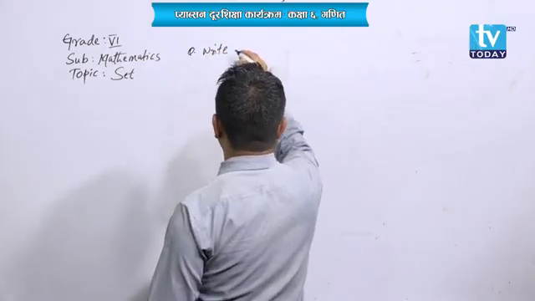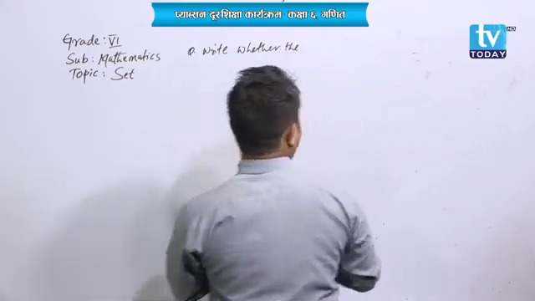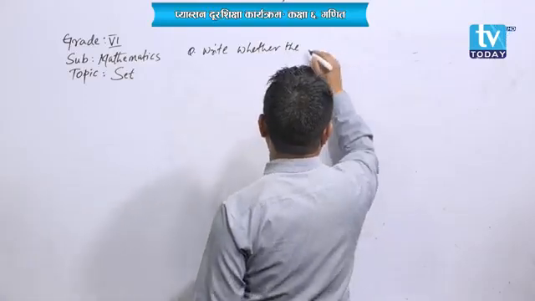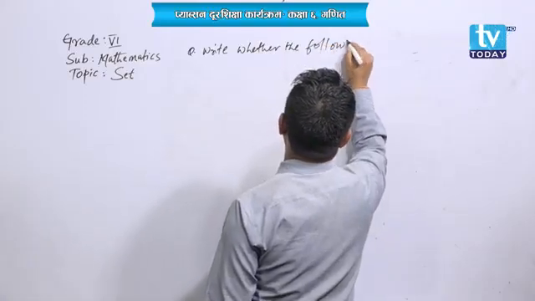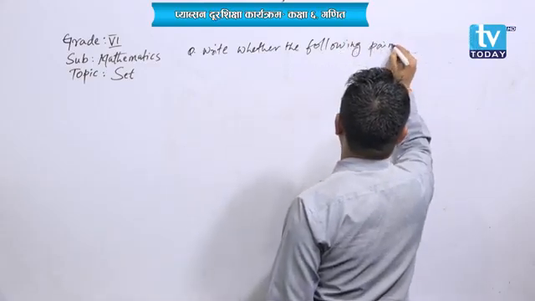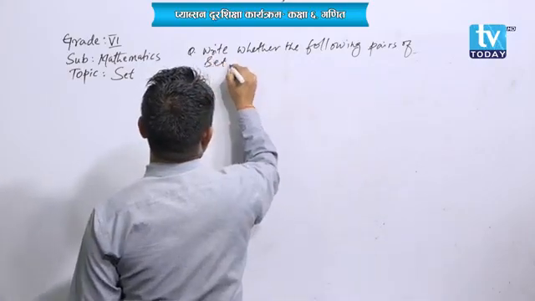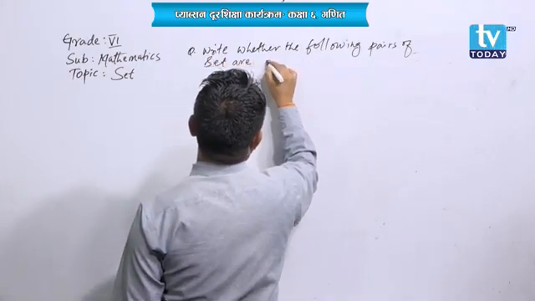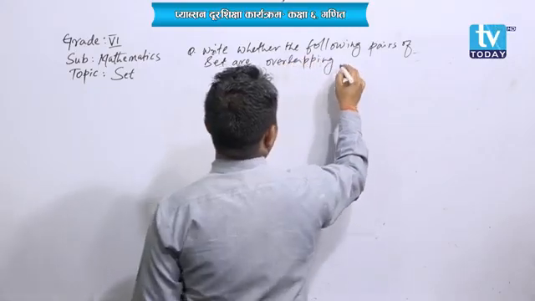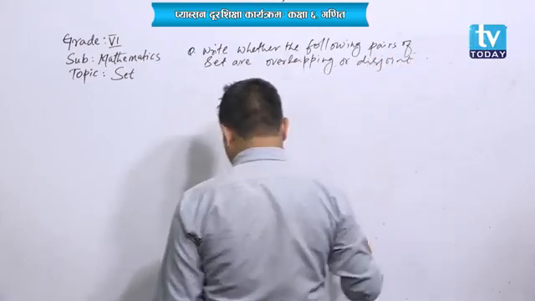Write whether the following pairs of sets are overlapping or disjoint.